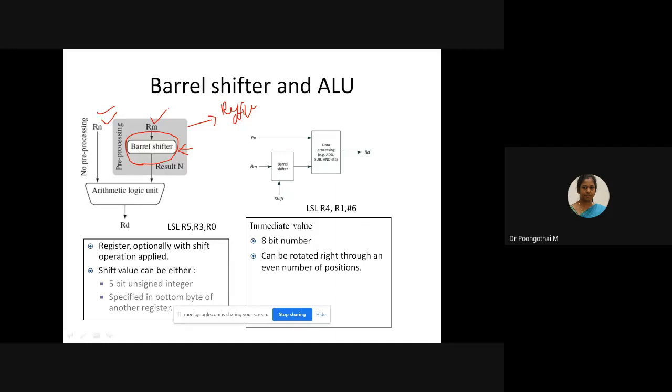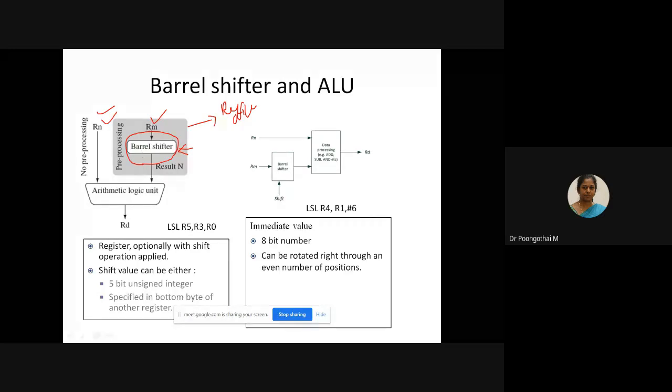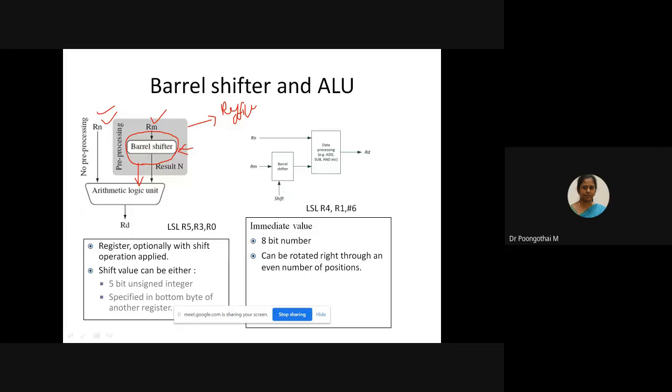You can see that there is a parallel shifter on the data path which can pre-process data before it enters the ALU. Before it enters the ALU, Rm is pre-processed by the parallel shifter. It will perform either logical shift left, logical shift right, or arithmetic shift right based on the instruction.